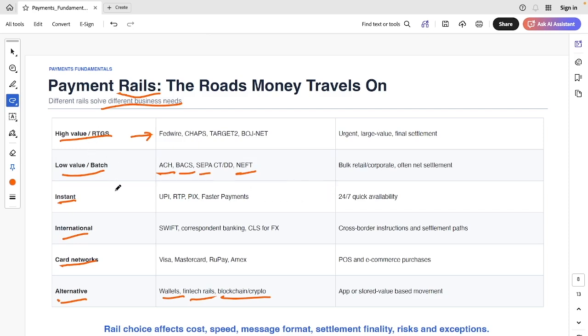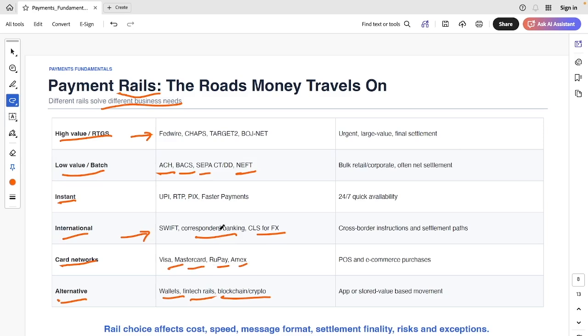Instant rails, for example, UPI in India, RTP in US, Faster Payments in UK provide quick availability, often 24/7. International payments often use SWIFT network, correspondent banking relationship, and in some cases CLS for foreign exchange settlement. Card networks like Visa, Mastercard, RuPay, Amex are also used for point of sale and e-commerce payment.